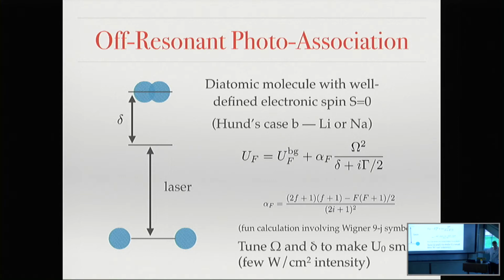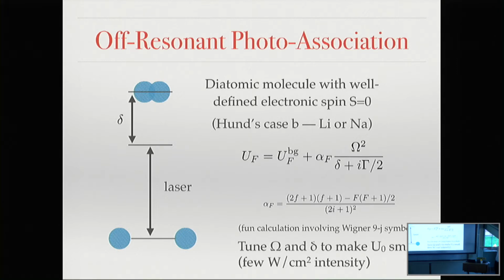With the caveat that there's a lot of stuff going on in the molecular physics, the likelihood of having a single line up here that you're coupled to is pretty low, etc. But if you're really naive and just do second-order perturbation theory, you're going to get a shift of your on-site interaction by some coefficient.